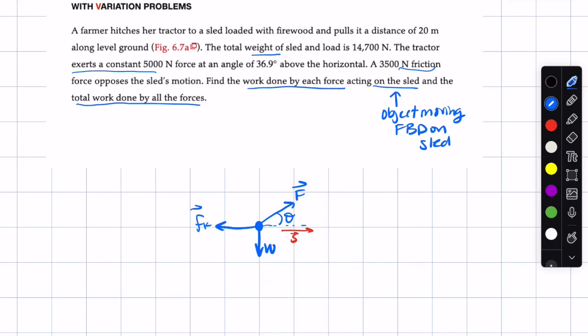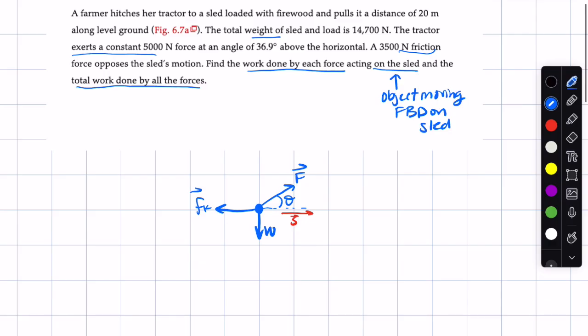So now that we have our three force vectors, let's find the work done by each force. So the work done by the tractor is going to be the force that the tractor exerts on the sled, dotted with the displacement of the sled.